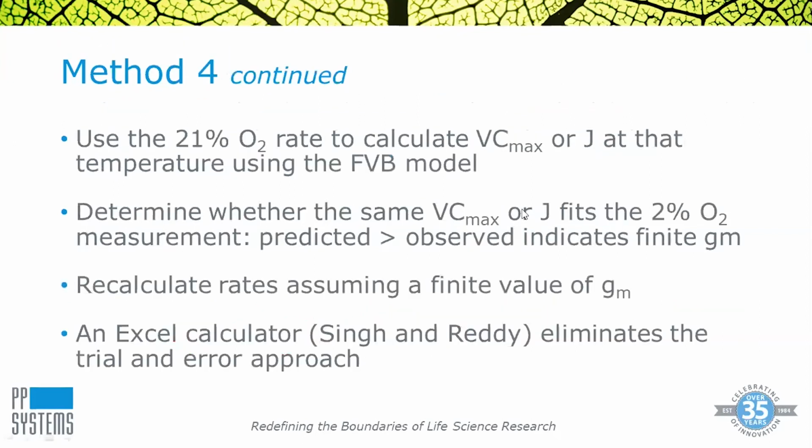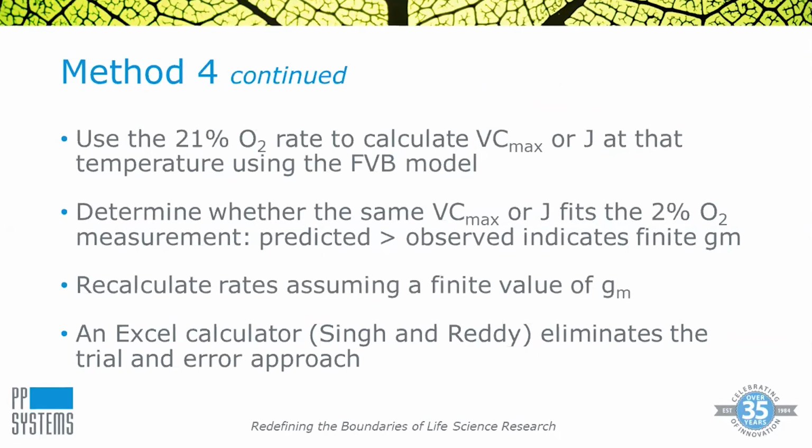And from those, use the rate in 21% oxygen to calculate, depending on where you are on the response curve, either VC max or J at that temperature using the photosynthesis model, and determine whether that same value of VC max or J fits the data you got at 2%.